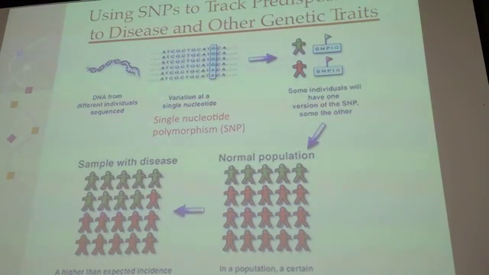The allele is the SNP that comes from one chromosome, and other individuals can carry the other. The rare allele is a G in this case, and the common allele is the A. So there are individuals that have one or another, either green or red. In the normal population, most of them are red. Most of them carry the A allele.